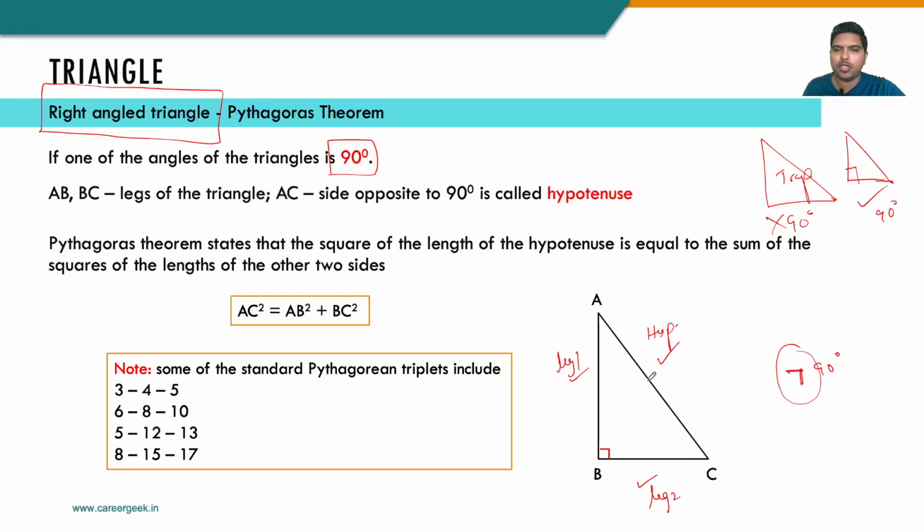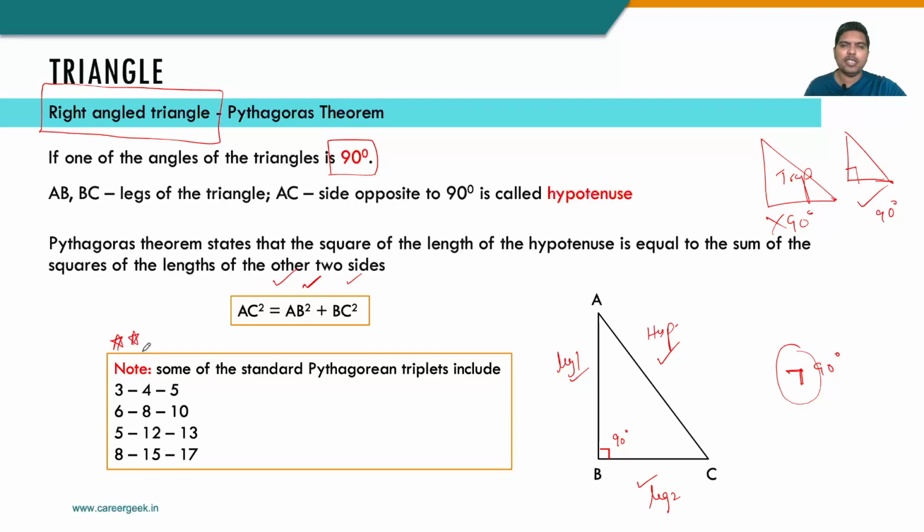Because hypotenuse is opposite to the largest angle, 90 degrees. Now what Pythagoras theorem states is that the hypotenuse square, which is AC square, is equal to AB square plus BC square. Okay. Most of you would be knowing this already. You can make a note.